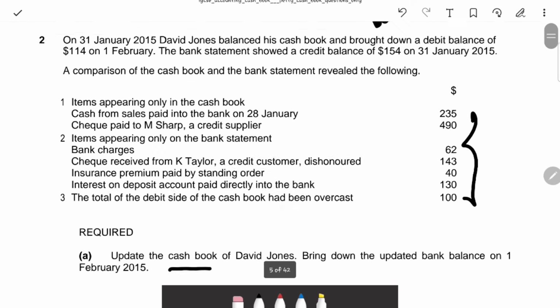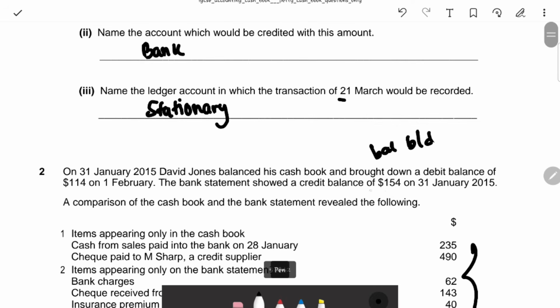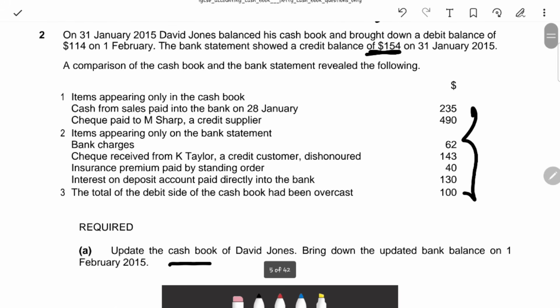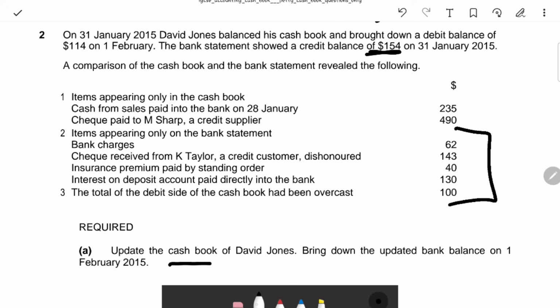And this value that they give you, 154, is usually used in the bank statement as the balance of the bank statement. So we will be needing that. What we are interested in is basically the items that appear on the bank statement but not on the cash book. We're recording those ones.